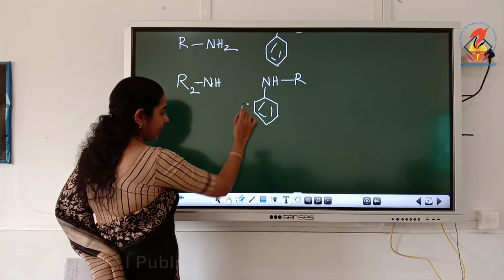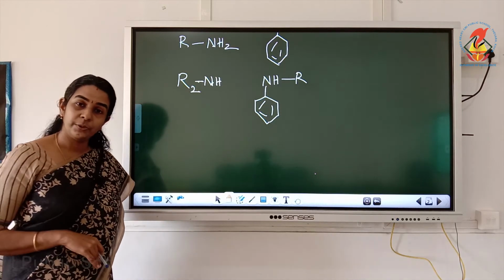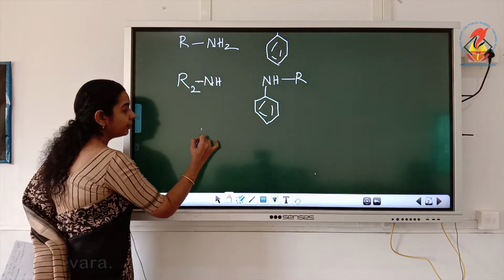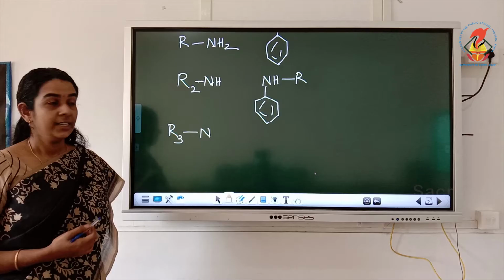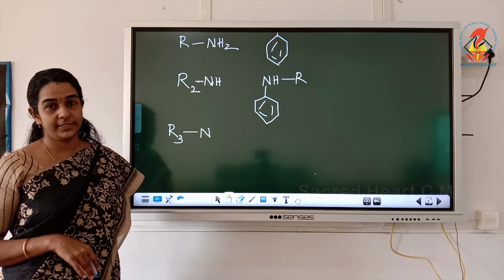Now in the third case, if I replace all three hydrogen atoms on ammonia by three alkyl groups, NH3 will become N, and with three alkyl groups it will become R3N. So these are also called amines, but another classification of amines.